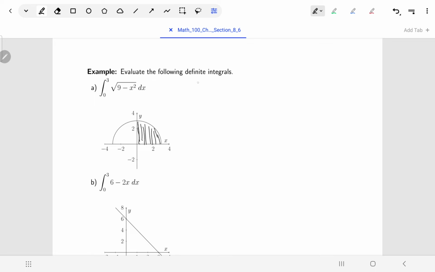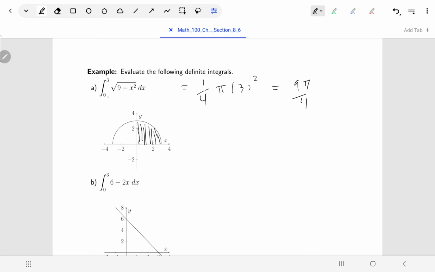So if I'm looking for the area of that quarter circle, that is 1/4 of pi times the radius squared. I said 1/4, but I wrote 1/2. There we go. 1/4 times pi times the radius squared, or 9 pi over 4.